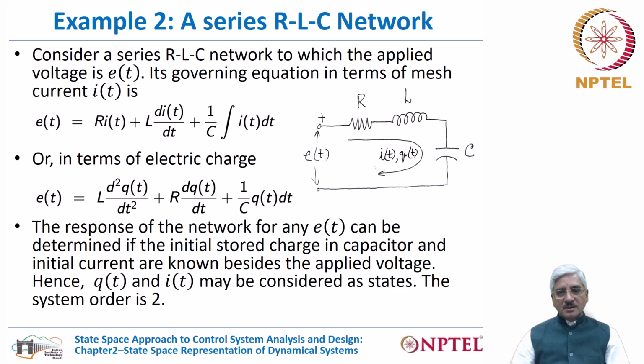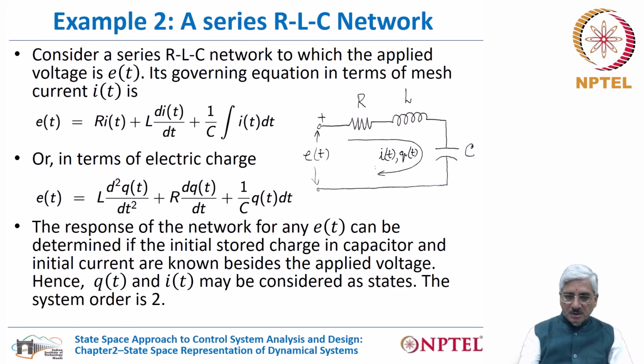In other words, the charge and the rate of change of charge at t equal to t0. If these two are known, then we can get the time variation of current or charge in this circuit as time progresses beyond t equal to t0.